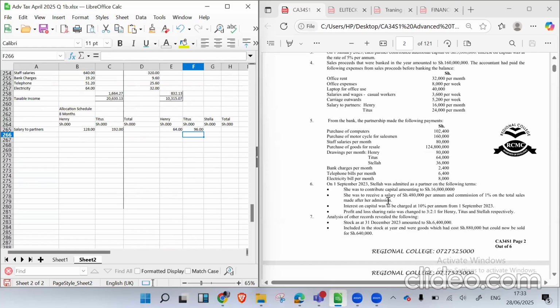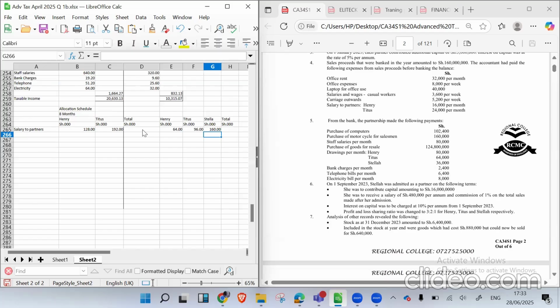Stella was also to enjoy some salary. Note number 6. She was to receive a salary of 80,000 per annum. So for 80,000 per annum, Stella equals 80 times 4 over 12. In plain English, 4 out of 12 months.